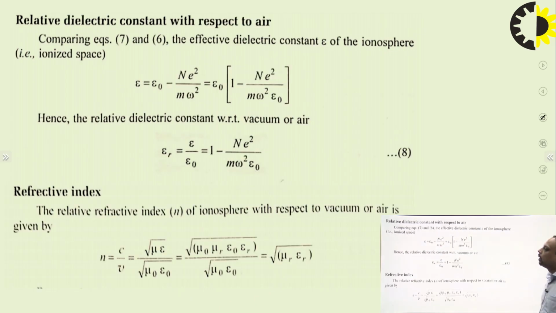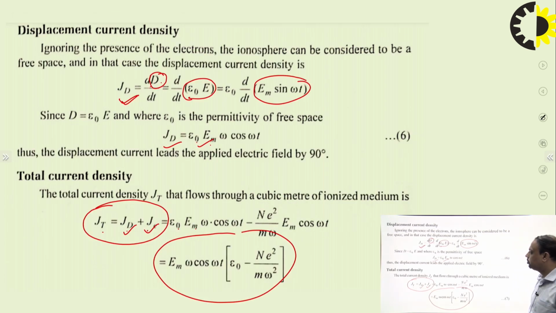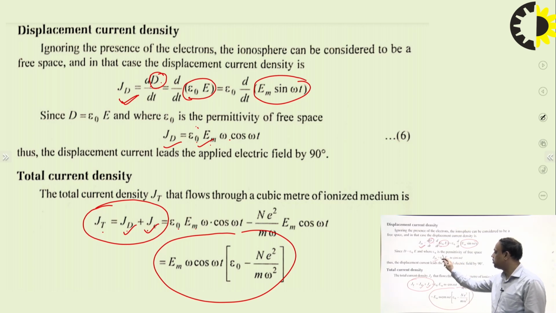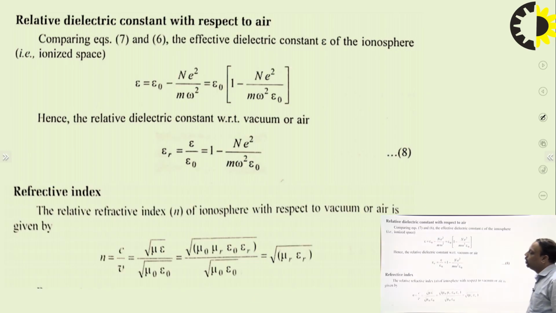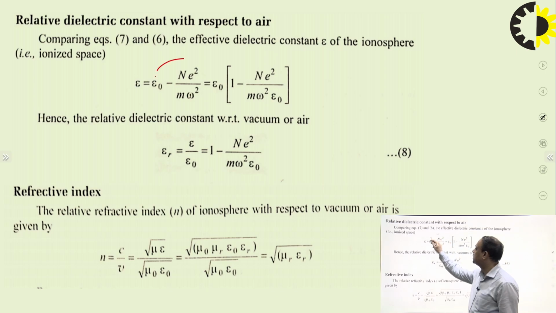Now if we compare this equation with equation number 6, we see this epsilon naught value is changed by some amount, and it is epsilon naught minus N, the number of electrons in that particular layer, e squared by m omega squared. So now your new epsilon has become this.